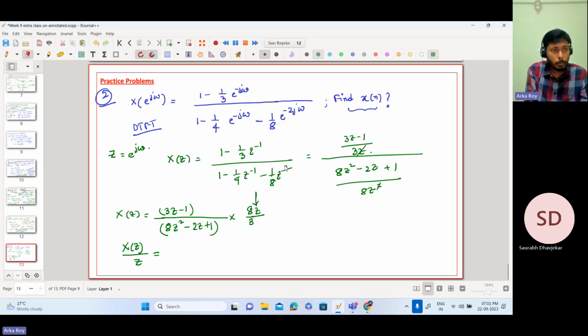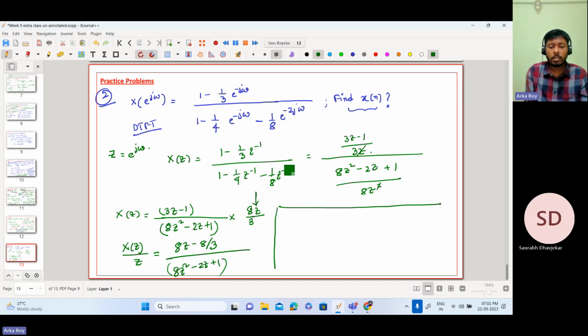If I take z over this side, it will be 8z minus 8 by 3 over 8z squared minus 2z plus 1. Otherwise, you can do it, that is not an issue, but it has been seen that in many problems, if you follow this particular process, you will reach the result very quickly.